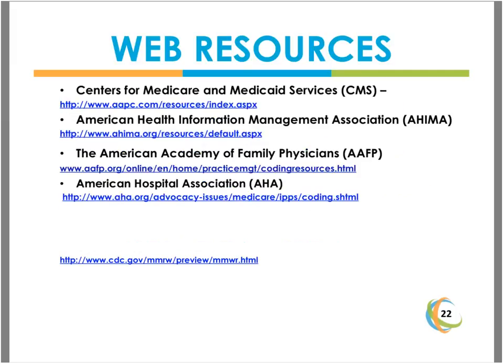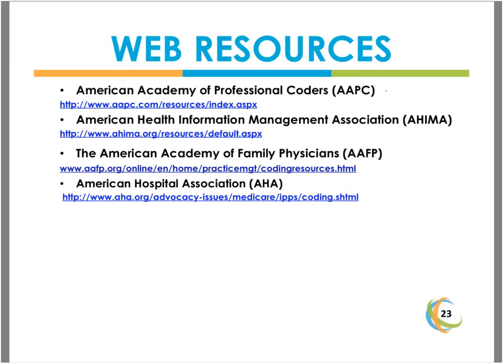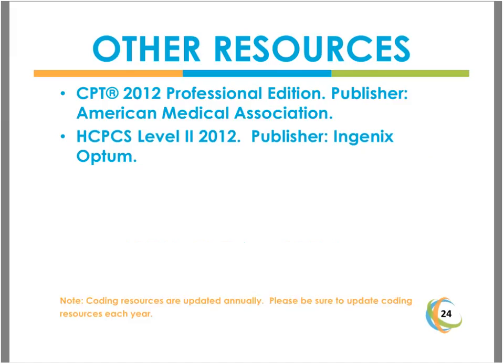So you have your web resources, you have the American Academy of Professional Coders and the American Health Information Management Association, which are two key web resources that can be utilized by coders. The last two resources that are commonly used when coding are the CPT coding book as well as the HCPCS coding book.